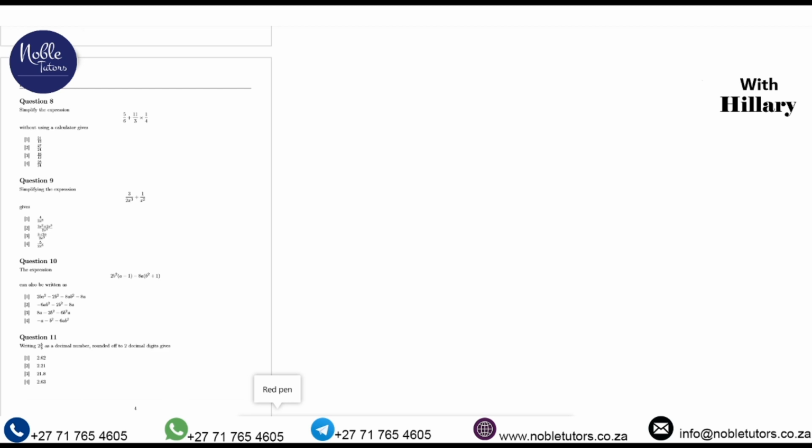Question number 9 goes as follows: 3 over 2x to the power 3 plus 1 over x to the power 2. This is a fraction, but it has exponents. You cannot punch it directly into the calculator. You need to know the steps that you need to take.